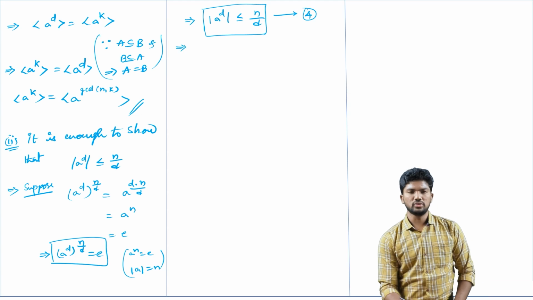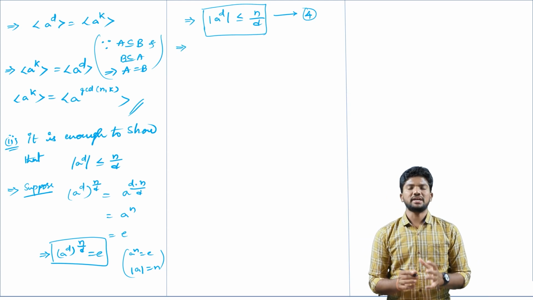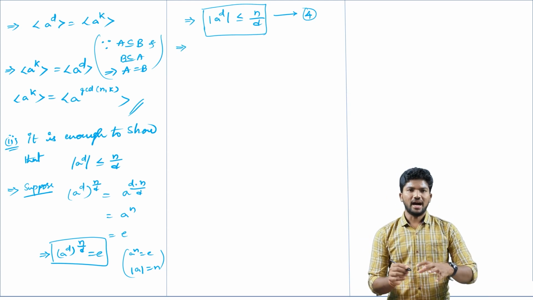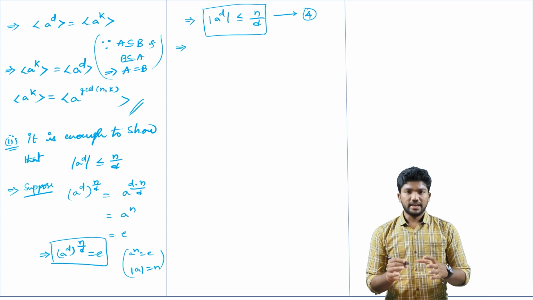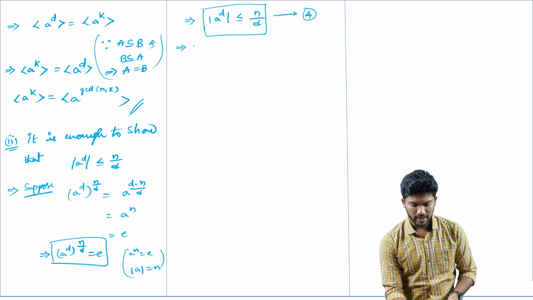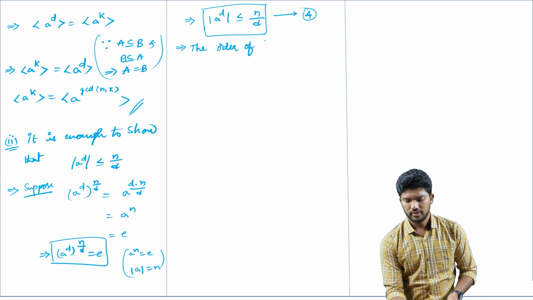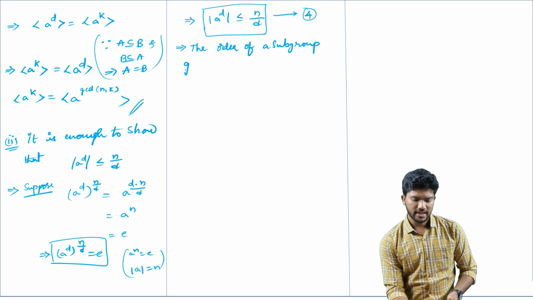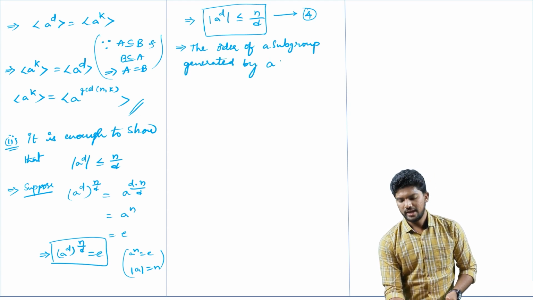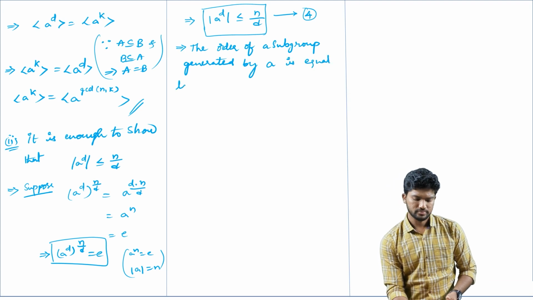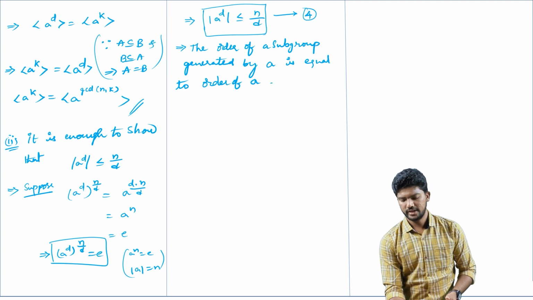And here you need to know that from the properties of a cyclic group, the order of the subgroup generated by an element a is equal to the order of a itself.